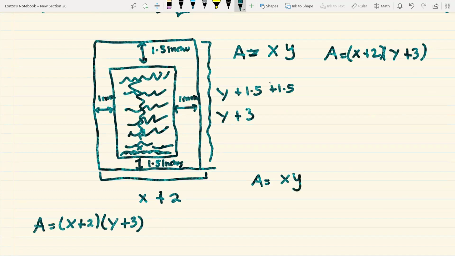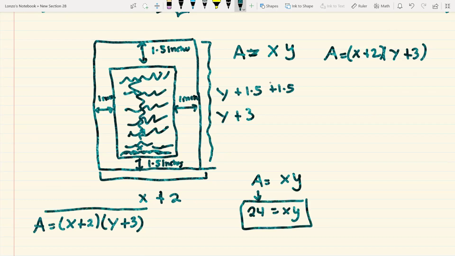That's just x times y. So the area of the writing is 24 inches squared, so A equals x times y, and we can replace A with 24. That's the hard part, finding our two equations.